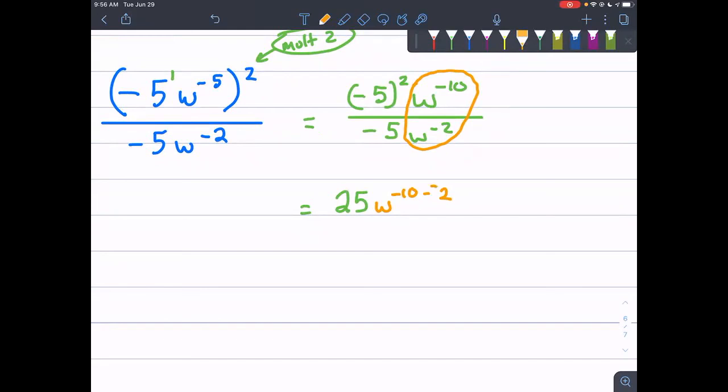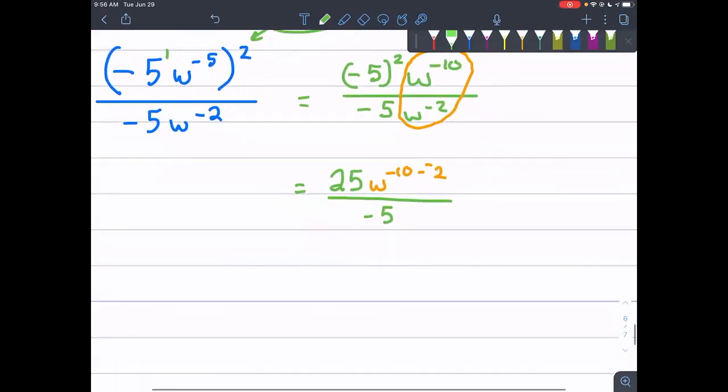Yeah, so we will have to add 2. You're subtracting whatever the bottom exponent is. So subtracting -2, which will make it a plus. -5 on the bottom there. So we've got 25, and then w to the -10 plus 2 is -8.